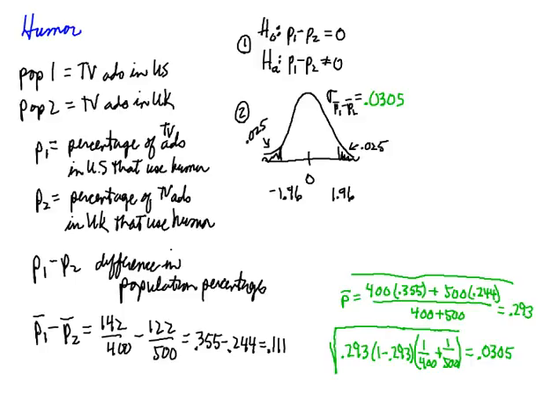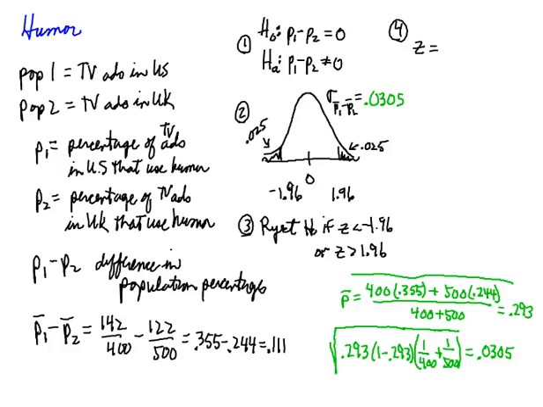And now I continue with step 3. I'm going to reject H sub 0 if my test statistic z is less than negative 1.96 or z is greater than positive 1.96. Step 4, let's calculate the test statistic.